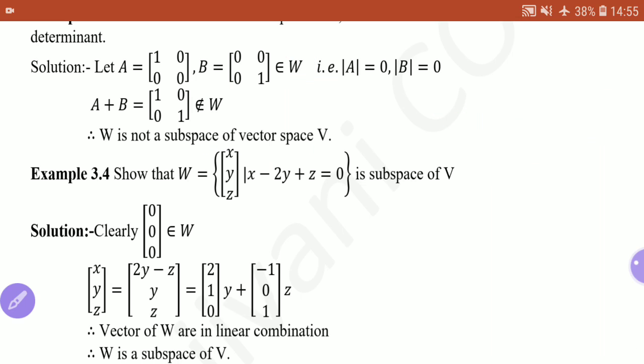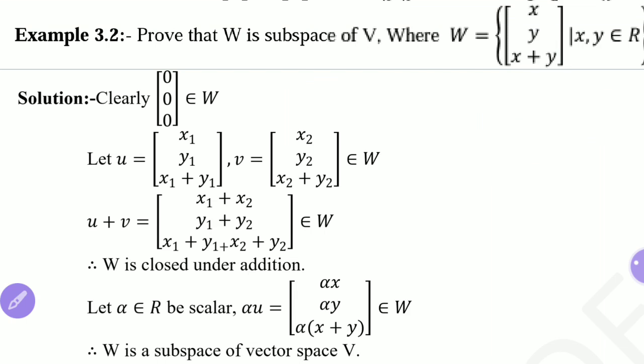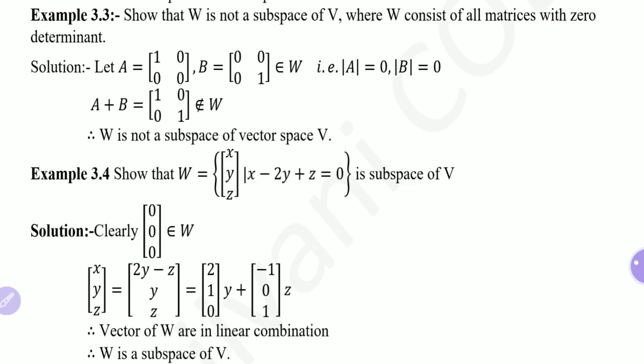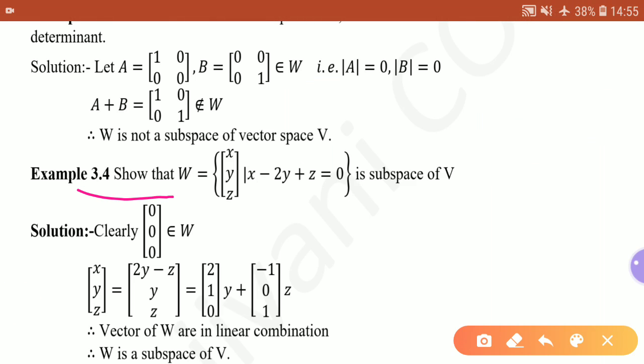Now the next example is to show that this set W is a subspace of V, and here we have 3 by 1 matrices. This is like the first example, and the condition on these elements is x minus 2y plus z equal to 0.